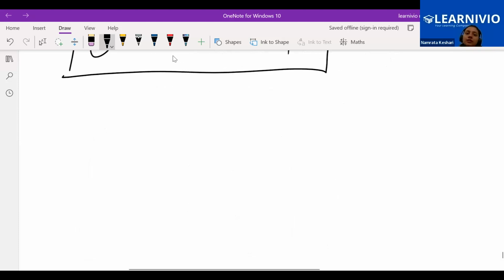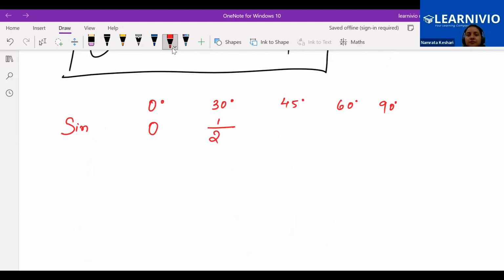Okay, so if I ask you, what is the trigonometric ratio? You told me that you have already learned the values. Can you tell me quickly the values? The first one is 0. Second one is 1 by 2. The third one is 1 by root 2.